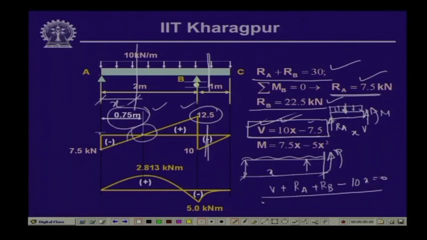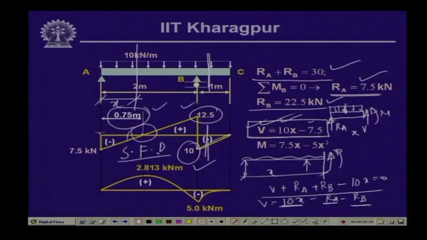So, shear force V equals 10 x minus R A minus R B. Now, here x is 2. So, this is 20, 20 minus R A, which is 7.5, so this is 12.5, and R B is 22.5. So, we get a positive value of shear as 10. So, from positive 12.5 to negative 10 it comes, and then again here it becomes 0. This is the variation of the shear force, and this is the shear force diagram for this particular beam.